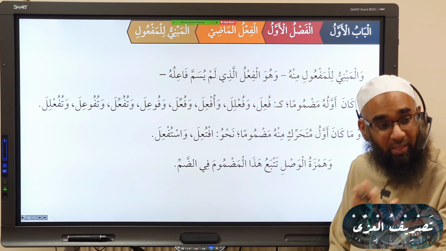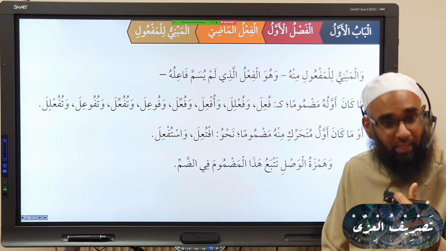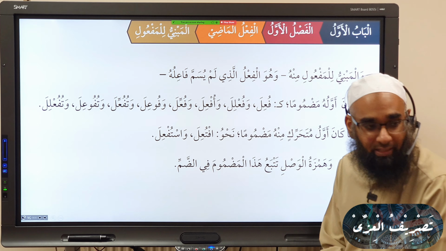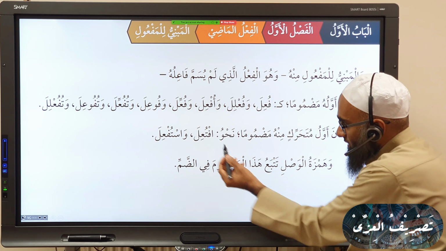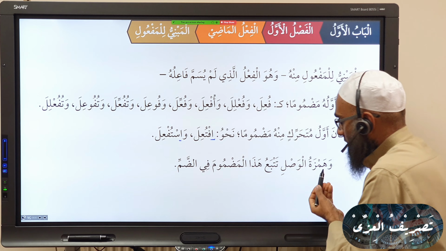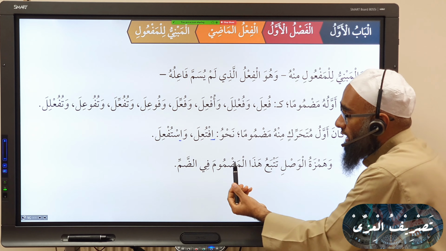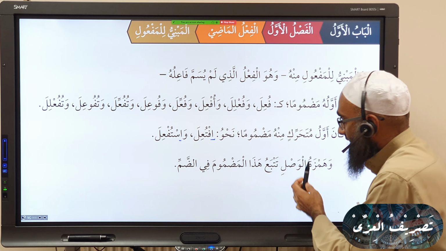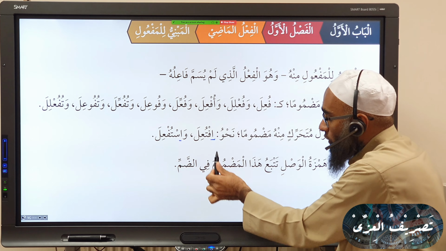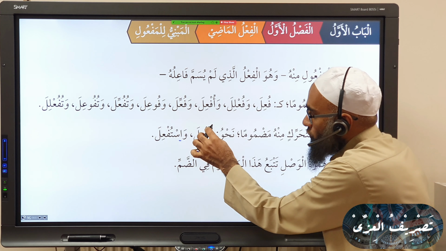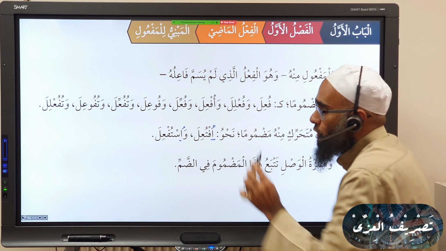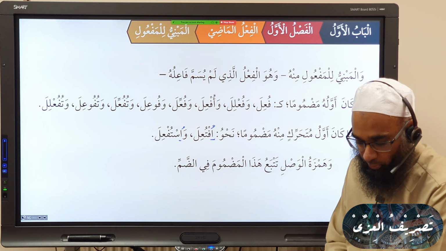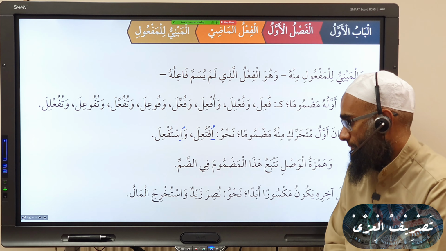No. But if you do ibtida, what haraka would you read in the hamza? The hamzatul wasl follows the madhmum in dham. So it will also be uftu'ila or ustuf'ila. Understood? Are you following? Ji.